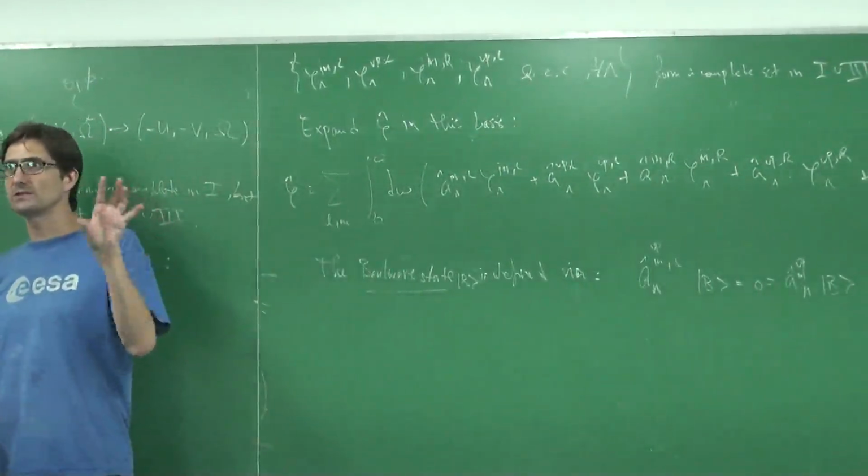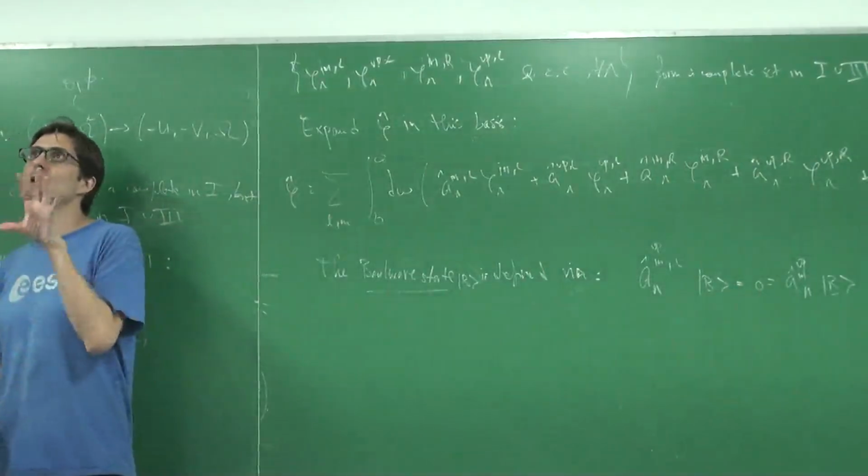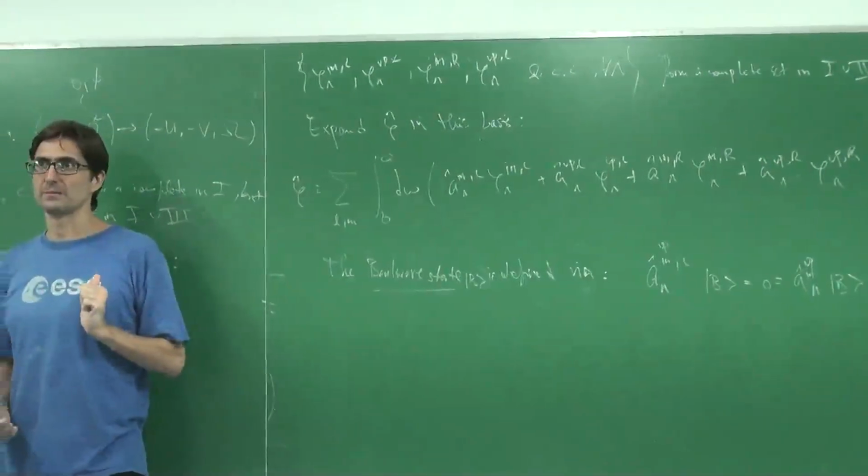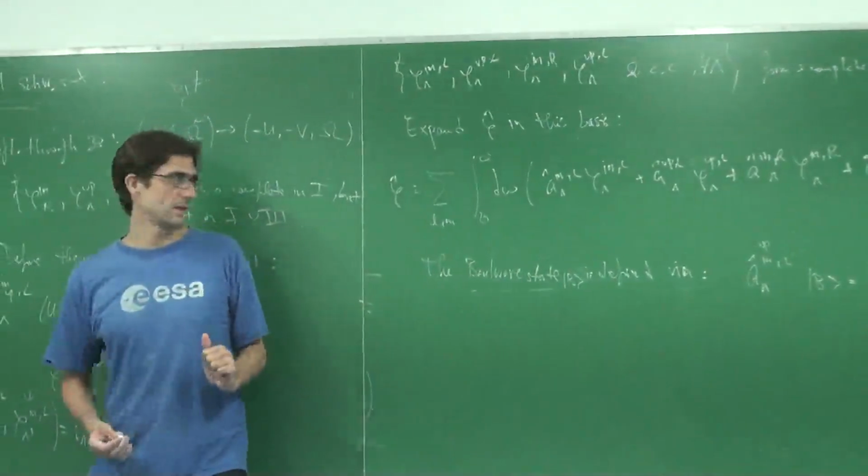What vacuum state is associated with the proper time of an accelerated observer in flat spacetime? The Unruh vacuum, exactly.